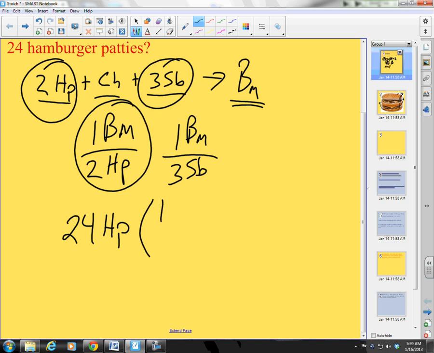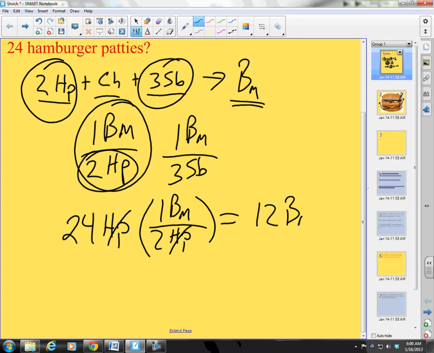I make one Big Mac for every two hamburger patties. This is like dimensional analysis, sure is. And what do I get? I get 12 Big Macs. So if I start off with 24 hamburger patties and lots of cheese and lots of slices of bread, I can make 12 Big Macs.